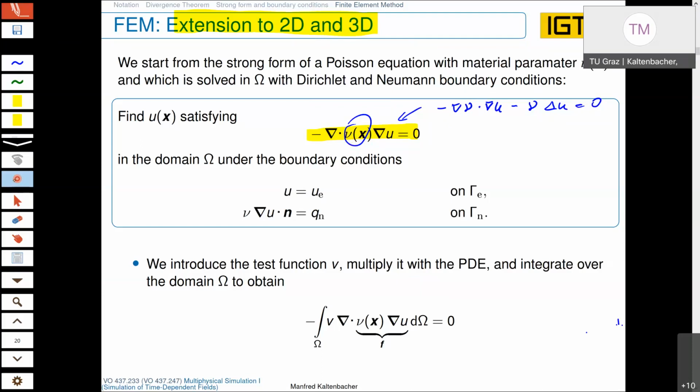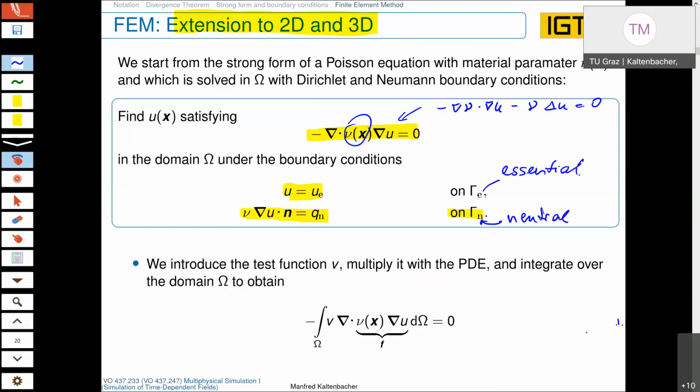And then make it a little bit more general. We have a Dirichlet boundary condition as shown here, and we have an inhomogeneous Neumann boundary condition as shown here. Gamma is the boundary, index N means natural, and E means essential.